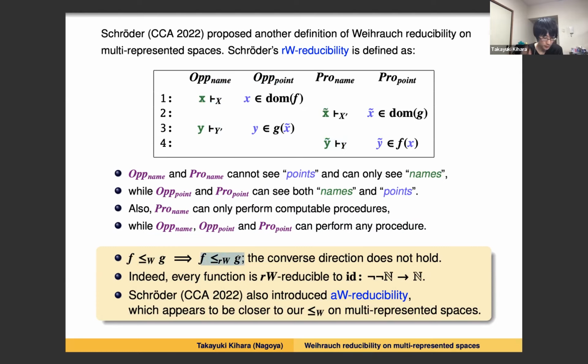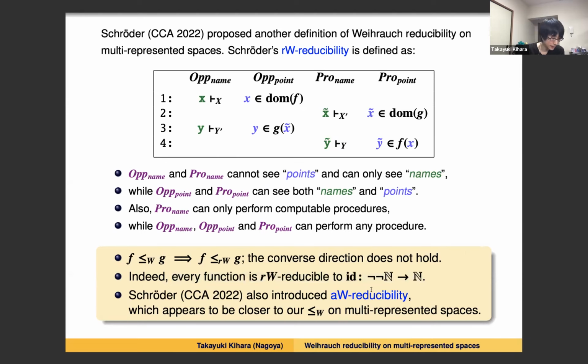For example, any function is RW reducible to the double negation elimination on the natural numbers. So the situation is quite different from the previous one.